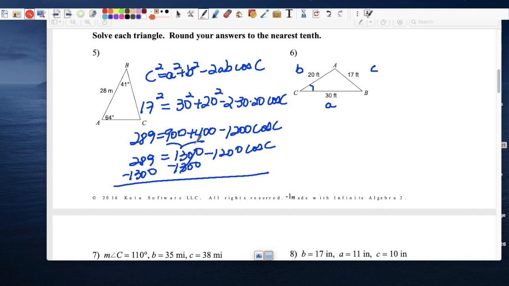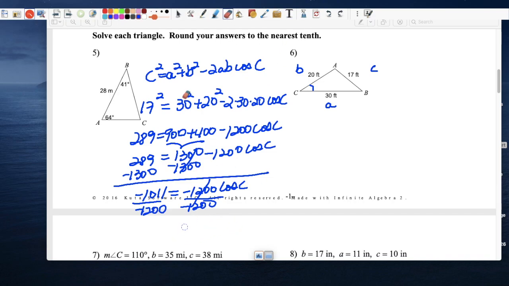Yeah, 289 minus 1300 equals negative 1011. Equals negative 1200 cosine C. I divide both sides by 1200. So cosine C, well, actually we can, this goes away. It's just not like too many steps.